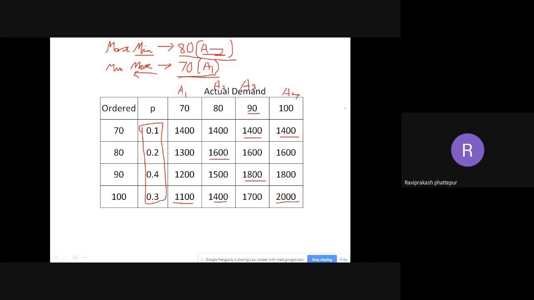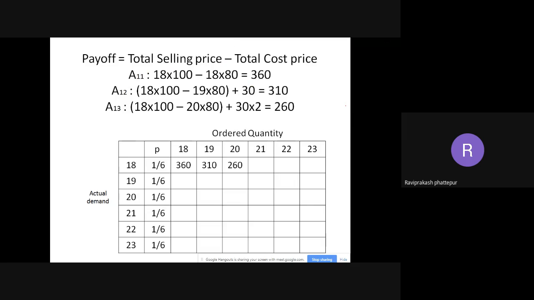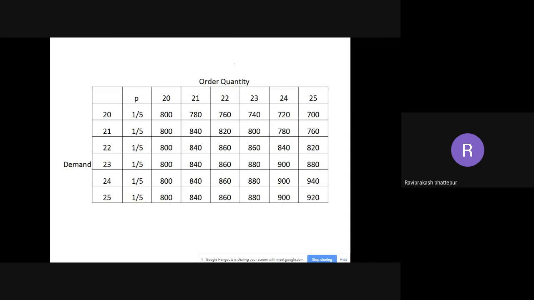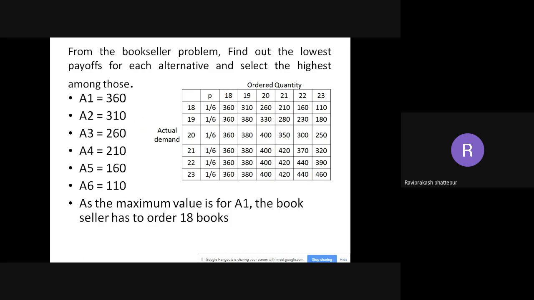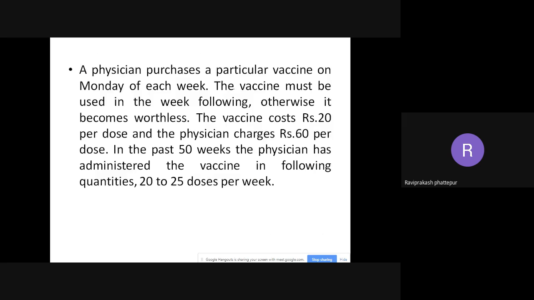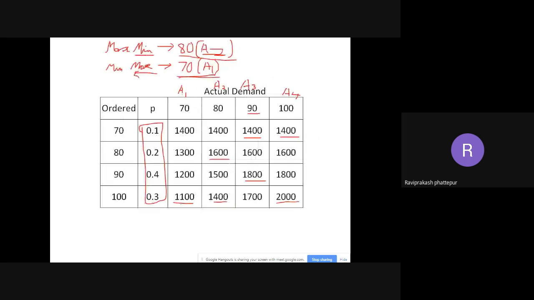Earlier, in both minimax and maximin we got A1 only. But here, because the probabilities are different, we are getting different answers. Okay, so this is what the maximin and minimax principles are.